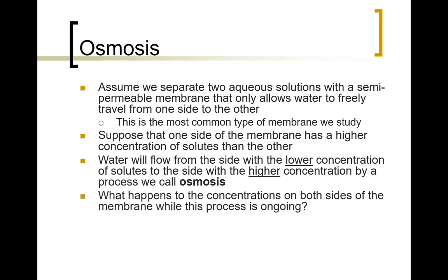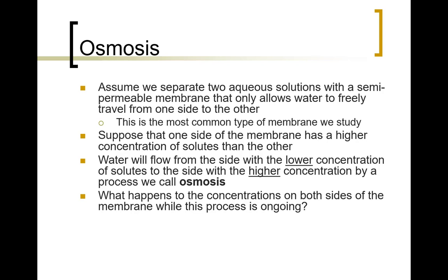So now let's think about this. We said we had a 1 molar concentration on one side and a 2 molar concentration on the other. The water will flow from the side with lower concentration to higher concentration. So as water leaves the side with lower concentration, what's going to happen to the concentration of that side?